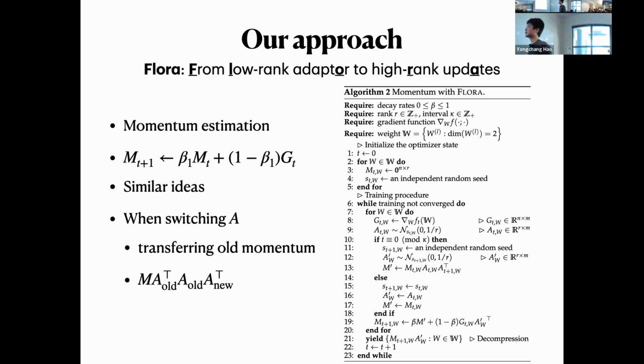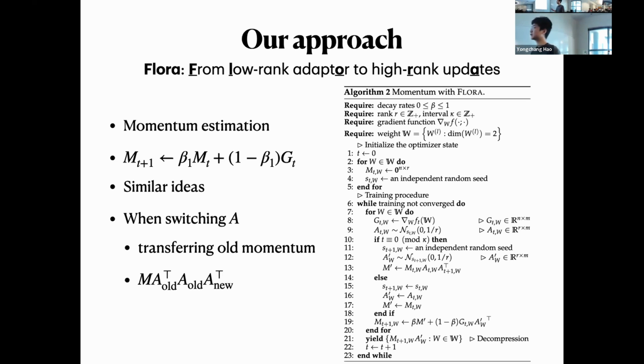Okay, so the second scenario is momentum estimation for Adafactor. In Adafactor, as we just introduced, we leave momentum unchanged or directly turn it off. So here with random projection, we can probably compress the momentum as well, by different random projections. The idea and the practice is quite similar to gradient accumulation, but one difference is that when switching the projection matrix A, we cannot do it directly.